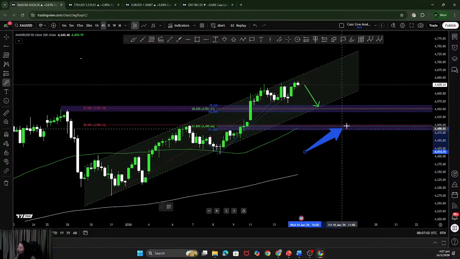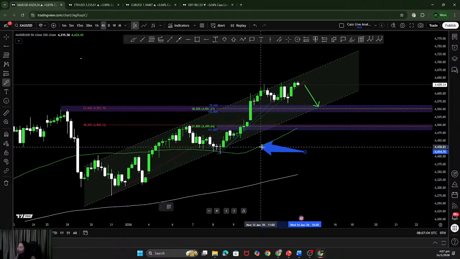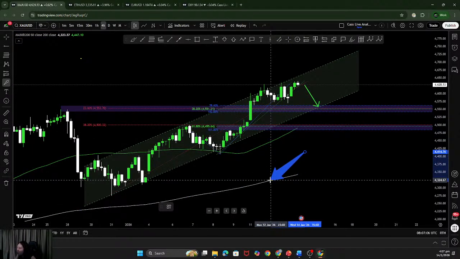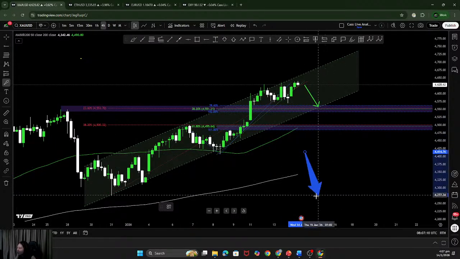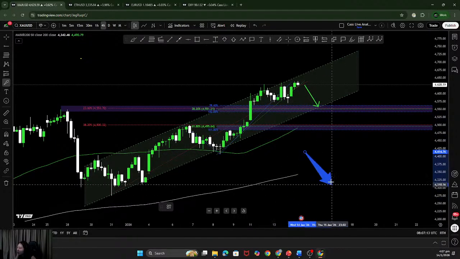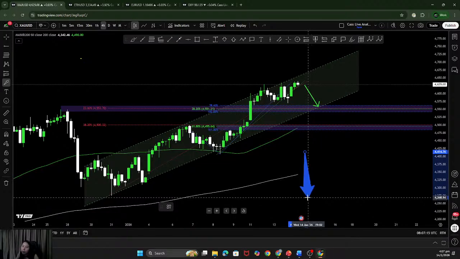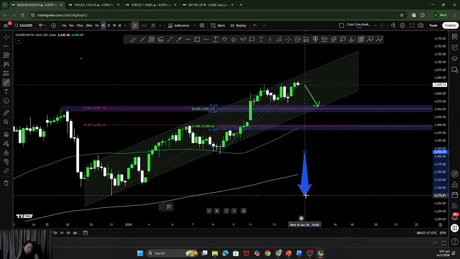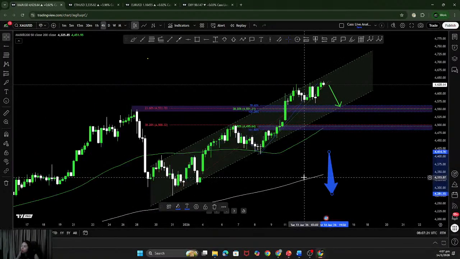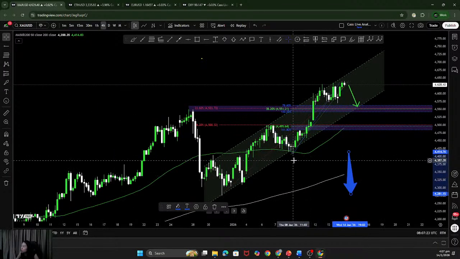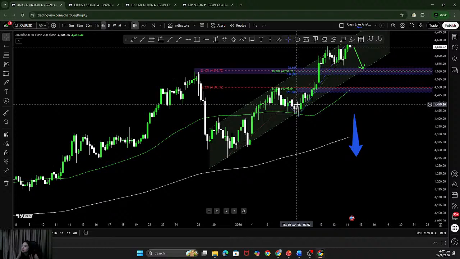That's it. If the green is below the white, it means that we are in a downtrend. That's basically how you use the 50 and the 200 moving average to decipher trend. Okay, it's that simple.